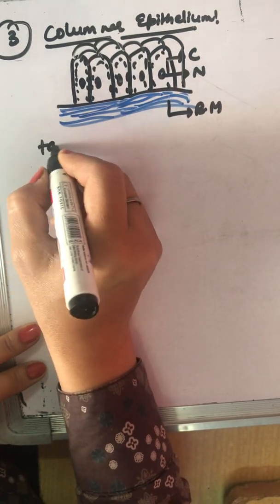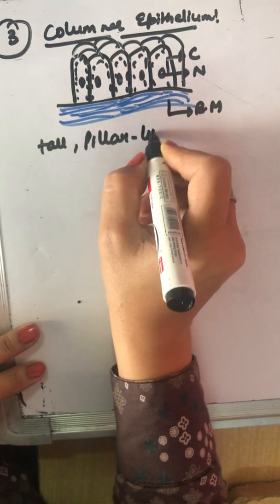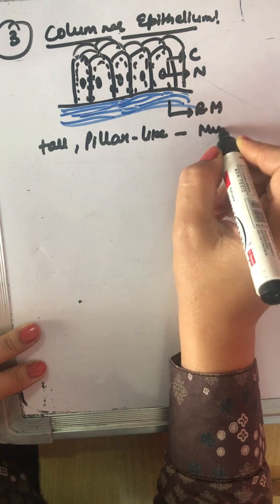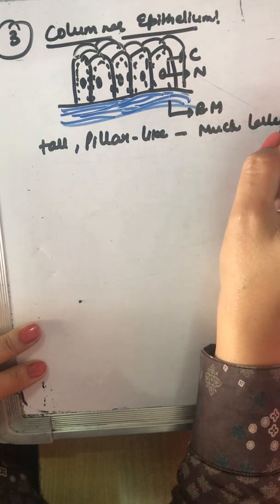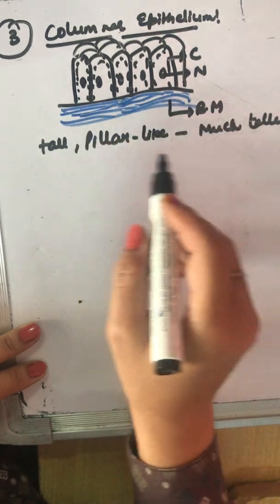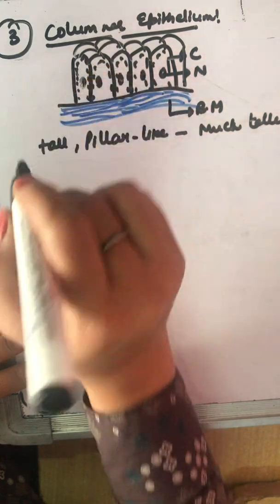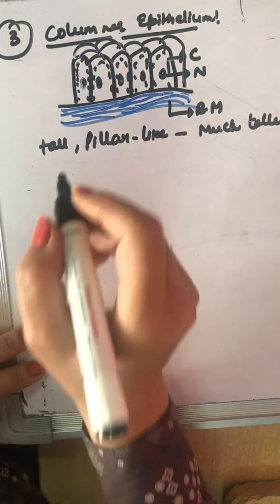How do they look like? They are tall, pillar-like, much taller than being wide. Clear? And their nuclei are generally elongated. Since these cells are elongated, their nuclei are also elongated.